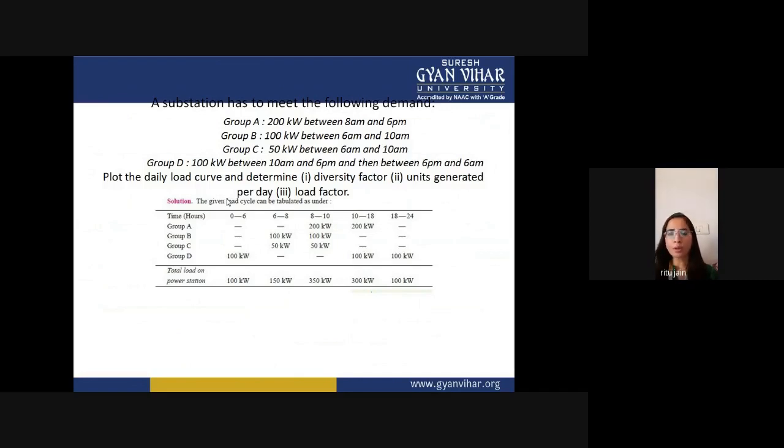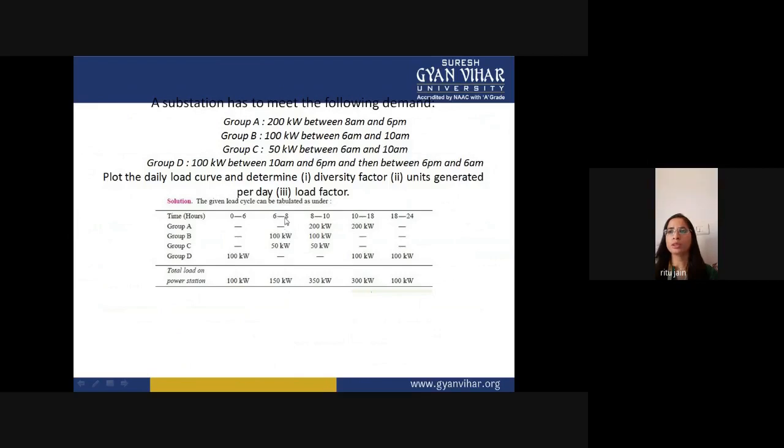So first, what you have to do, first you have to make a table for individual group. So from this table, you can see that from 6 p.m. to 6 a.m., only 100 kilowatt load is required. Like from evening 6 to morning 6, only 100 kilowatt load is required.